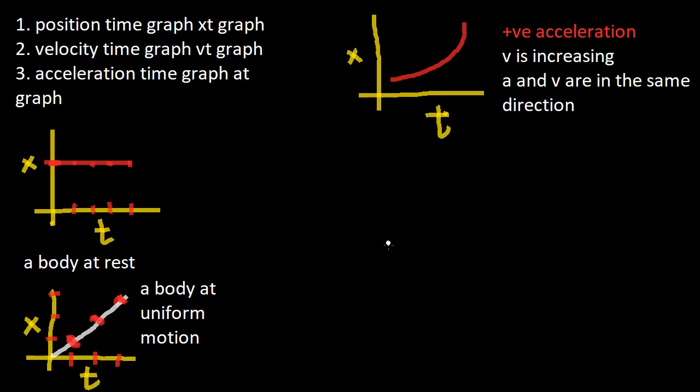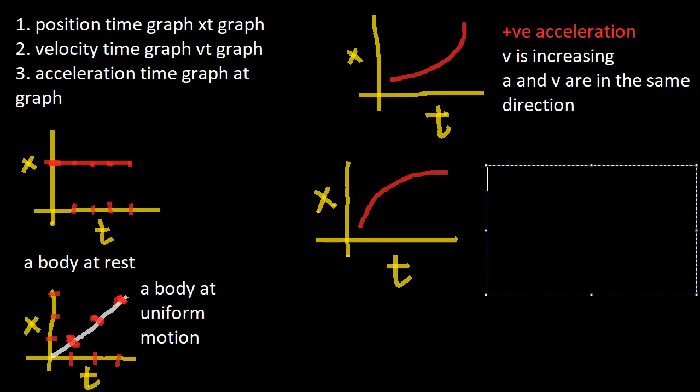Another type of xt graph, we can draw it in the same way with the position on the y-axis and the time on the x-axis. This time the graph will look something like this. It has some kind of a convex structure, and this kind of graph is also for non-uniform motion, but this is for negative acceleration, right?